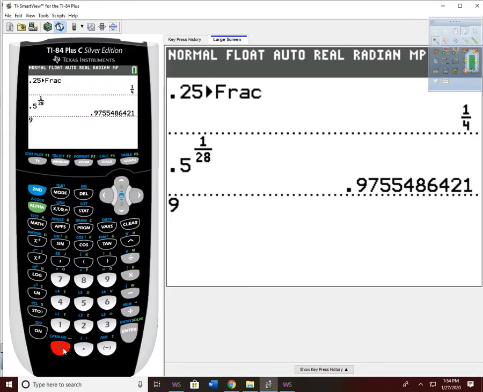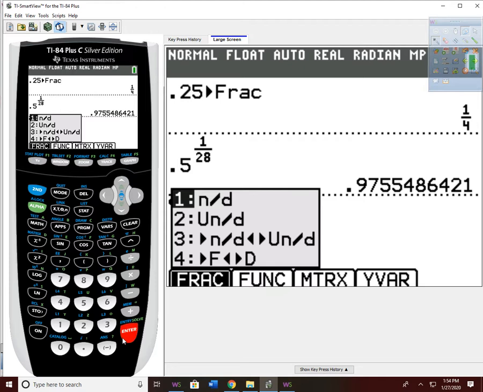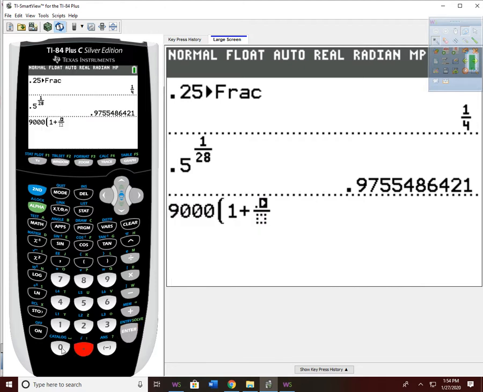So I have 9,000 times 1 plus a fraction, 0.0246 over 4, raised to the 4 times 3, or if you want, you can go ahead and put 12 up there. And you get 9,687 and then 13 cents.